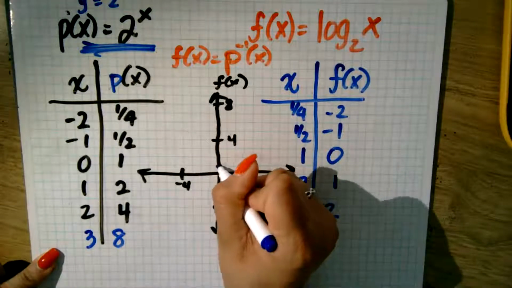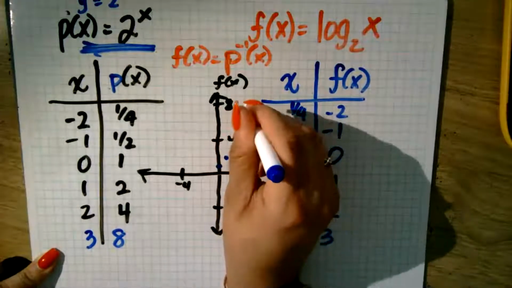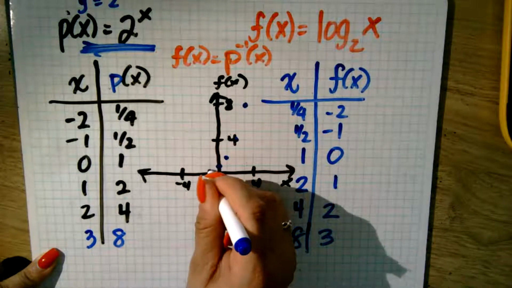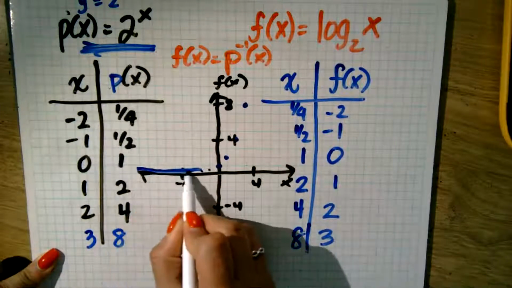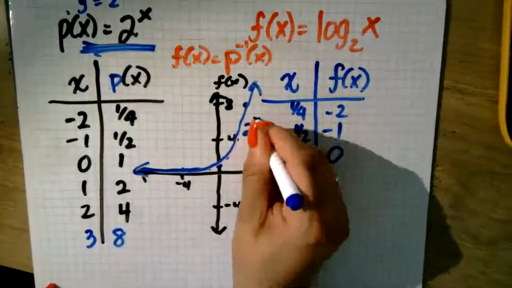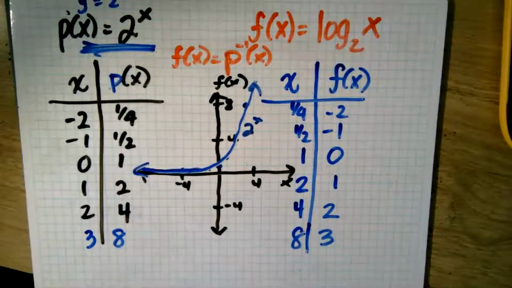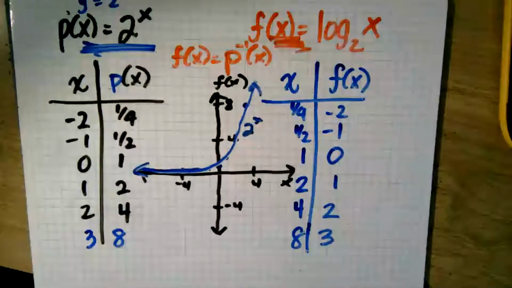Again, 0 corresponds to 1, 1 corresponds to 2, 2 corresponds to 4, 3 corresponds to 8, negative 1 corresponds to 1/2. So here is my parent function. This is 2 to the x. And now I'm going to graph my f of x function, which is now the logarithm.